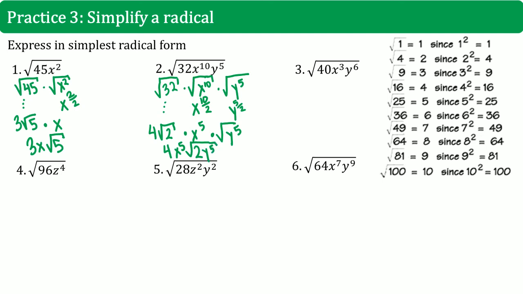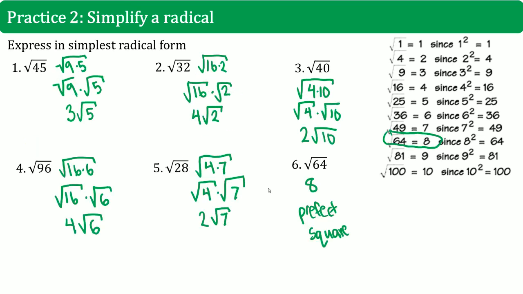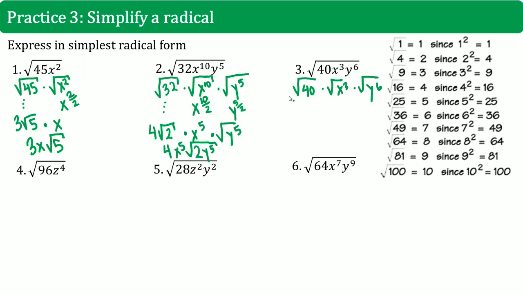Next, break this apart into its 3 pieces. Radical 40 times radical x to the 3rd times radical y to the 6th. We already know what radical 40 is. 2 times radical 10. So this was 2 radical 10.